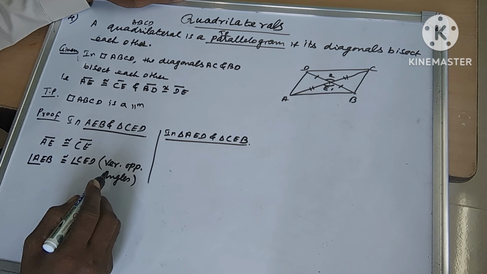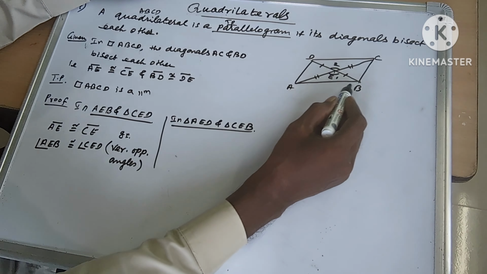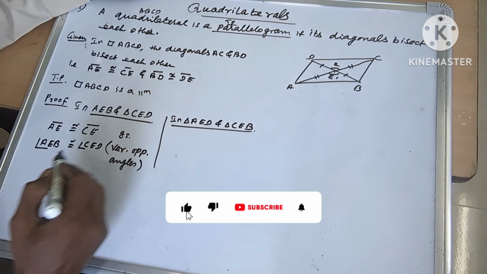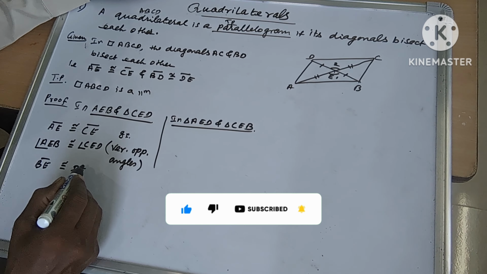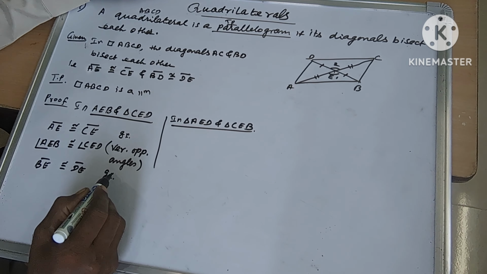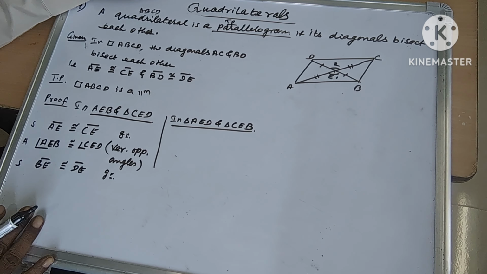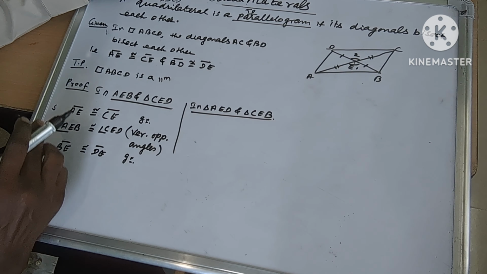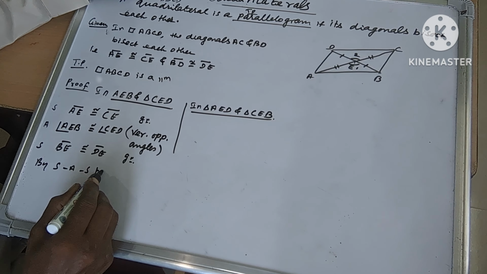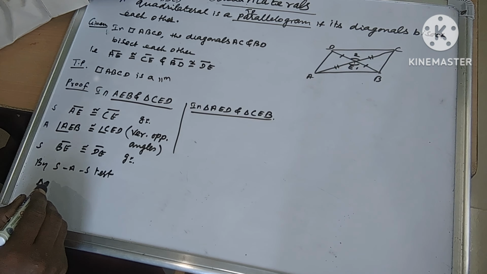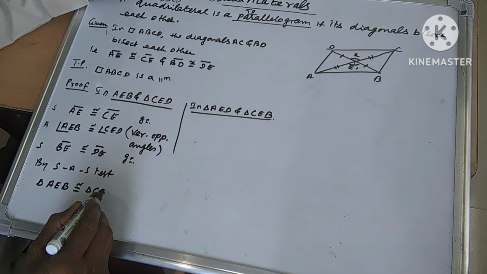This is given. Same way, BE is congruent to DE, this also given. So this is side, angle, side. By the side angle side test, triangle AEB is congruent to triangle CED.